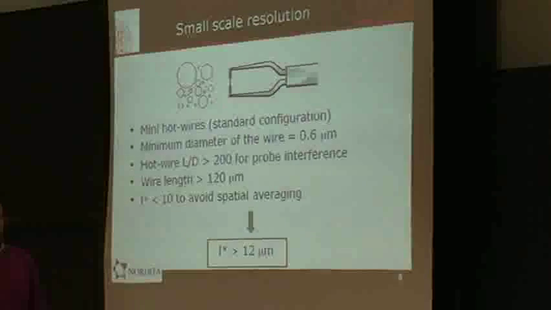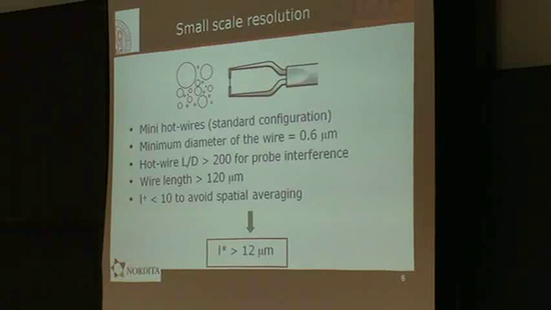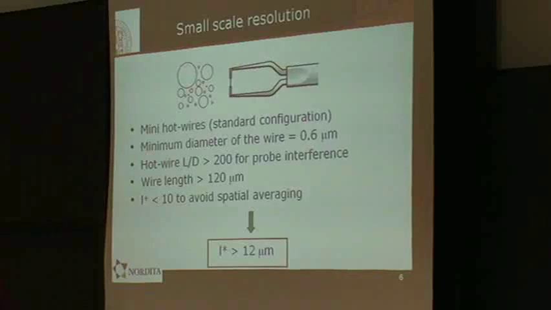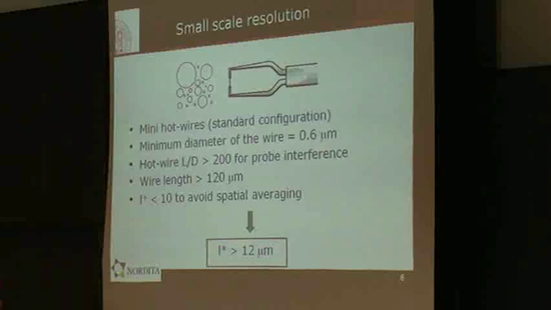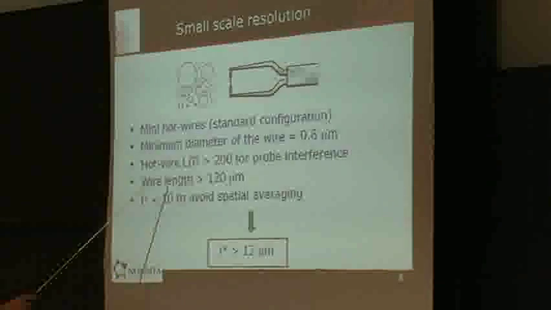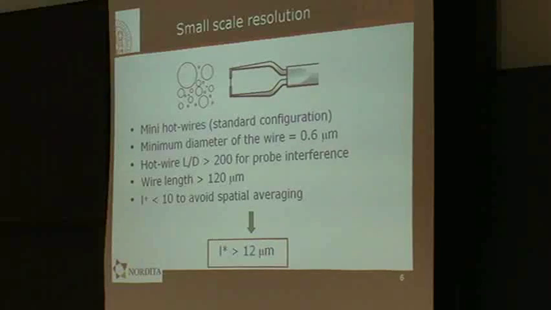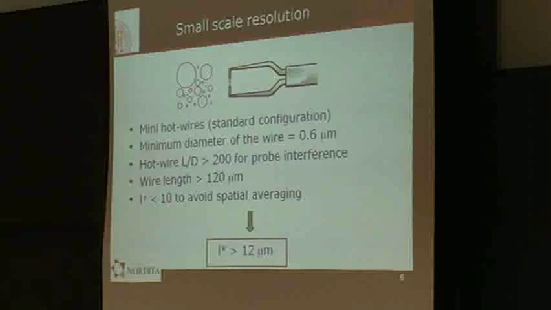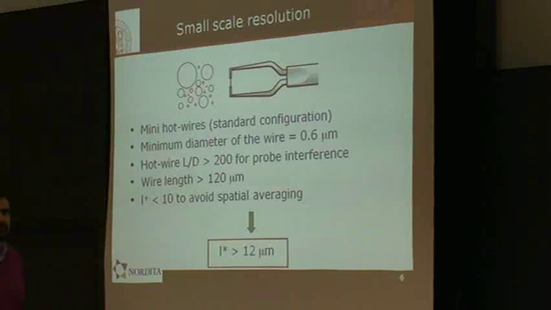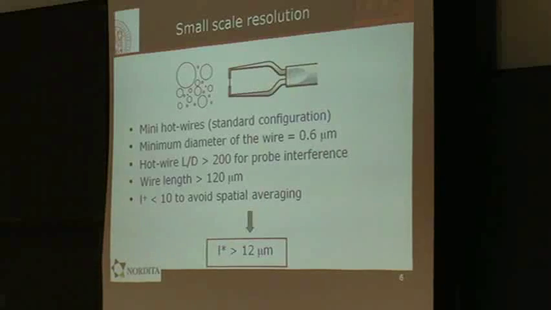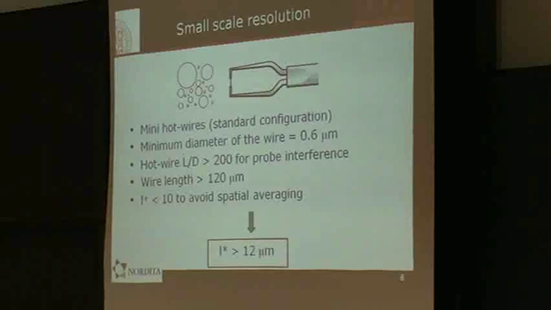Now, when it comes to small-scale resolution, Ivan in his talk explained quite well what the problem will be. We believe that the minimum diameter of the wire that we can use is 0.6 micron, even though, technically speaking, it's quite difficult both to solder and to keep alive.